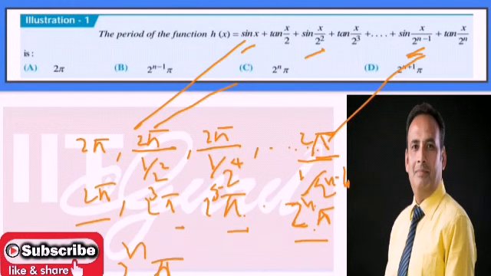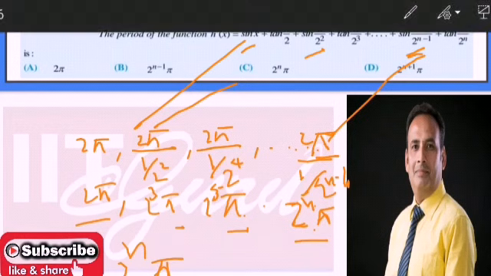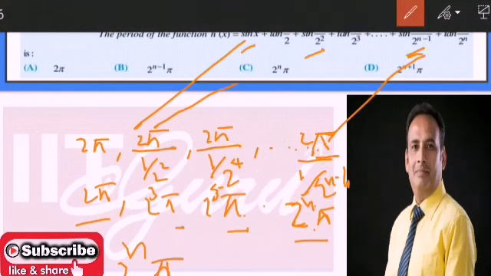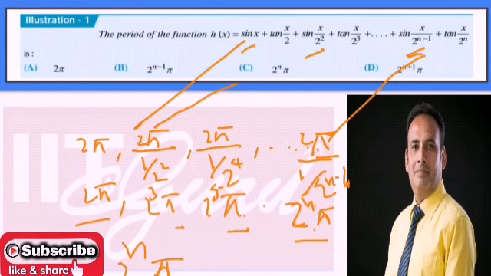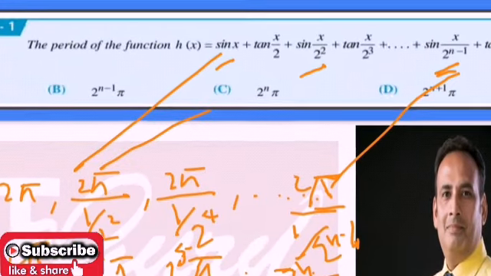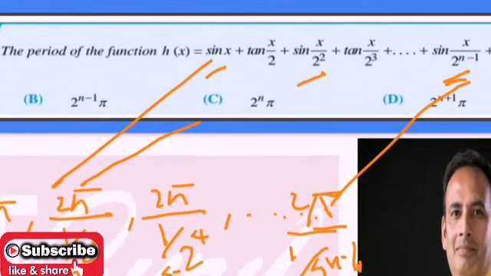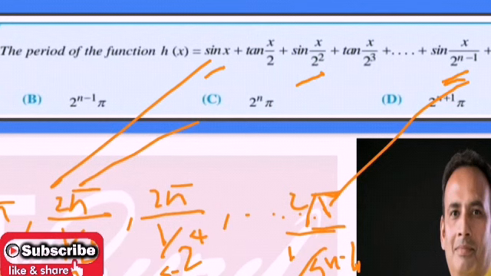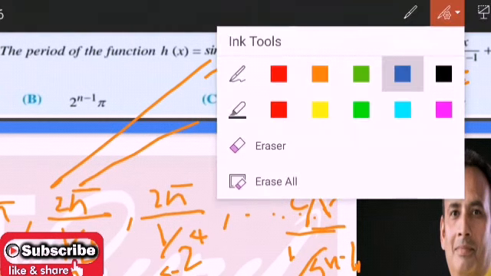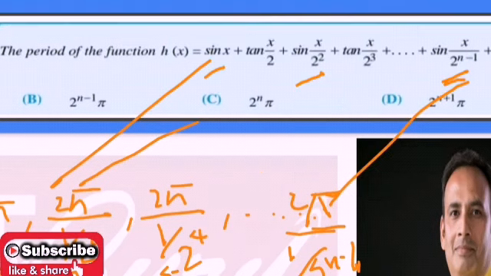Now similarly, check the period for the other one, tan x by 2, and here tan x by 2 cube, and then the last term is tan x by 2 to the power n. Once again, what will be the period? Let's see.